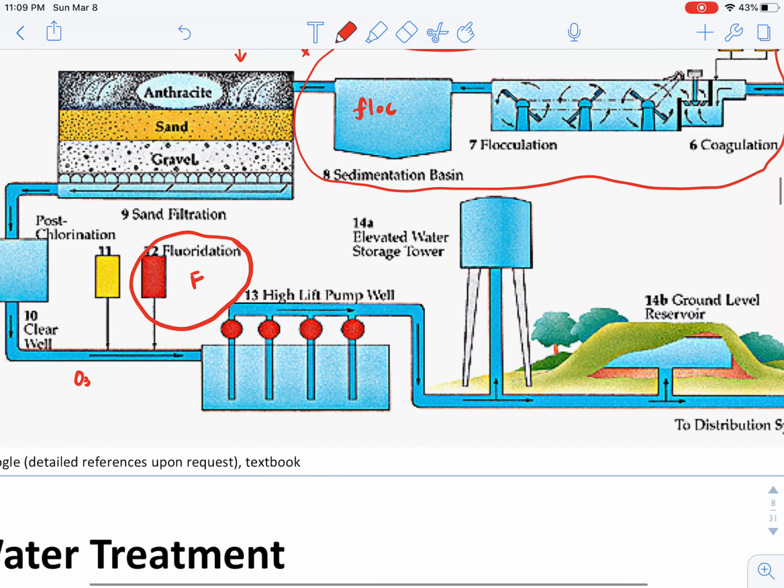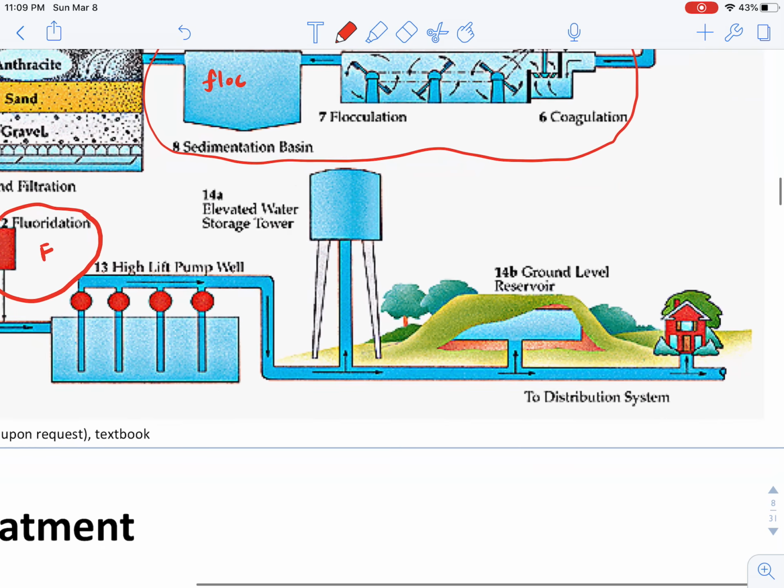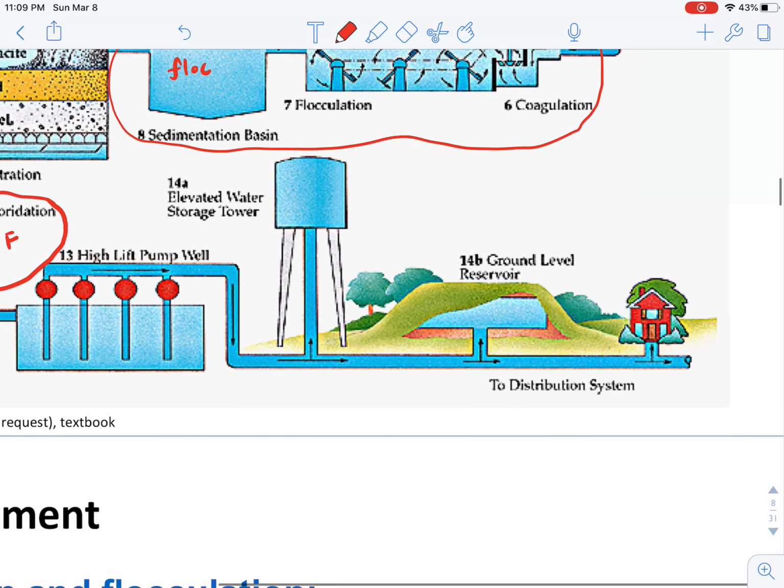And then this water will satisfy the drinkable water requirements, and then it can be pumped by these high lift pump wells, and then we can store it in the storage tower, or store it in the ground level reservoir.